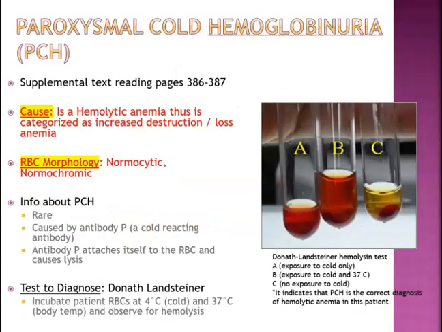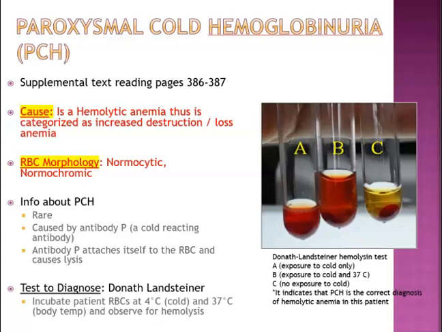Paroxysmal cold hemoglobinuria, or PCH, is characterized as increased destruction or loss as far as anemias. The red blood cell morphology is normocytic, normochromic. So we have a normal shaped red blood cell with normal coloring. As far as the anemia itself, it's usually rare.